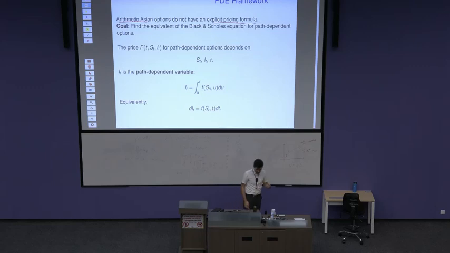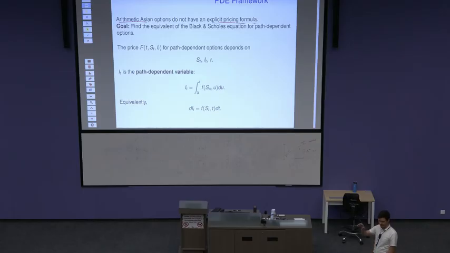So first of all, we need to realize if we want to determine the price at some time small t of an arithmetic option, we need more information than just the current time and the asset value. Because if you think about the payoff we are looking at, it's the average of all the values that already have happened. So we need to keep track of the path of the underlying security.